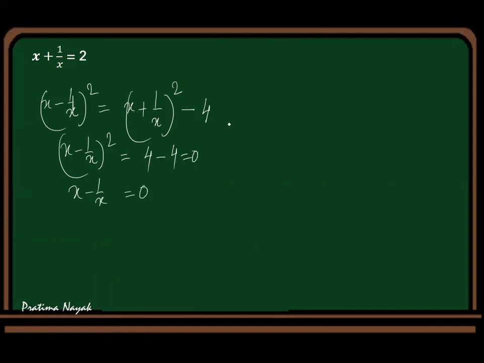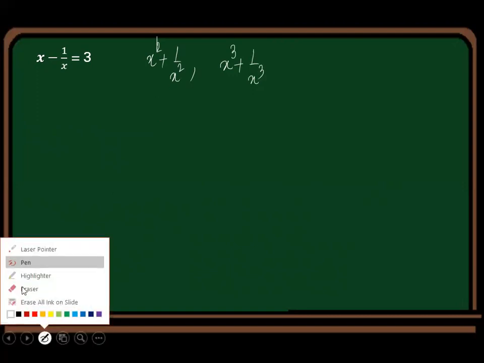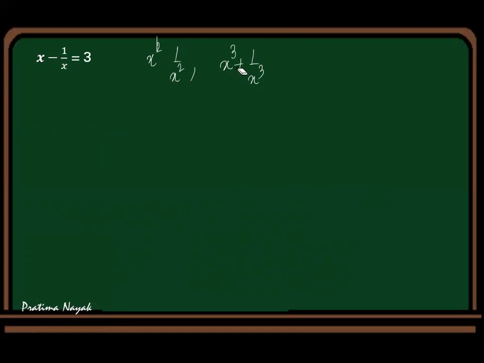So we got so many things from one expression. Now I am coming to when it will be negative, x minus 1 by x is equal to 3. By the same method, I'll get all these expressions, x square minus 1 by x square, x cube plus 1 by x cube, or I can get minus, plus, both I can get. I can get negative, I can get positive, everything I can get.